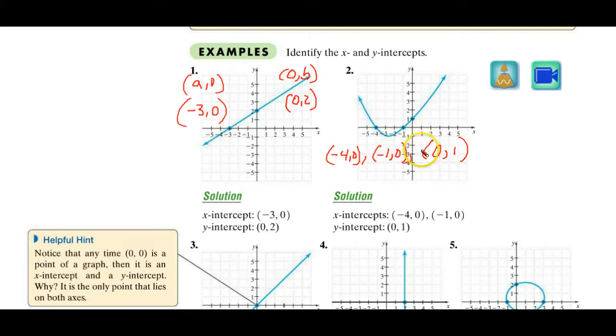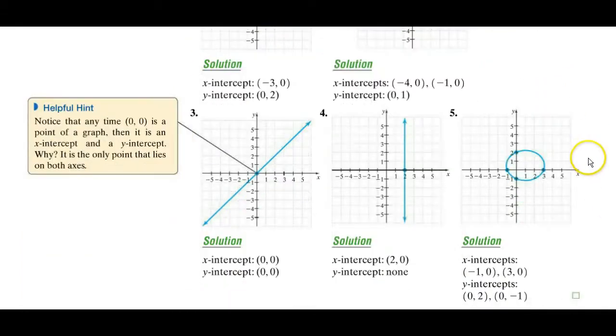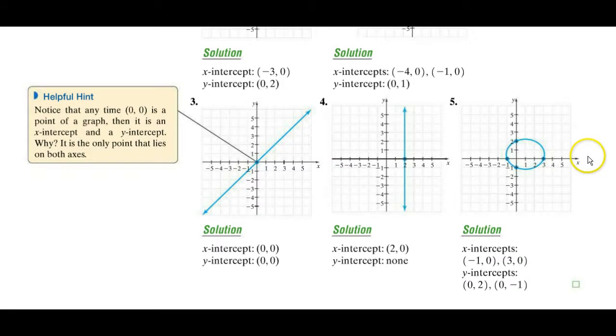Okay? And let's move it up a little bit here. Now for number 3, we can just use that example. It's kind of a funny looking thing.